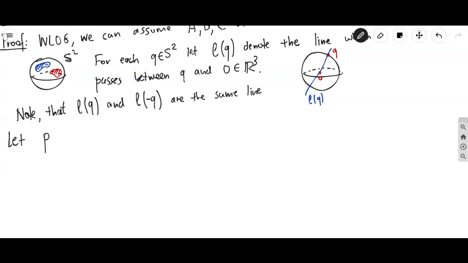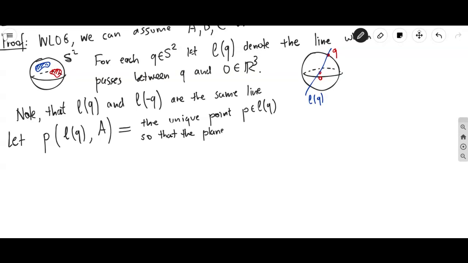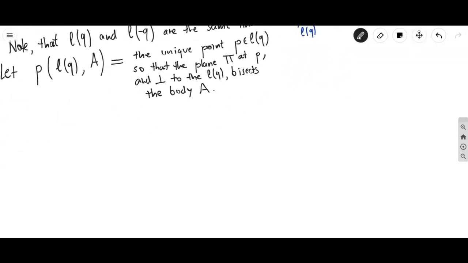Let P of L of Q, comma A, be the unique point on this line, L of Q, so that the plane pi at P and perpendicular to the line bisects the body A. So this might be a bit confusing when you write it out using words, but the picture will make it a lot easier to understand.